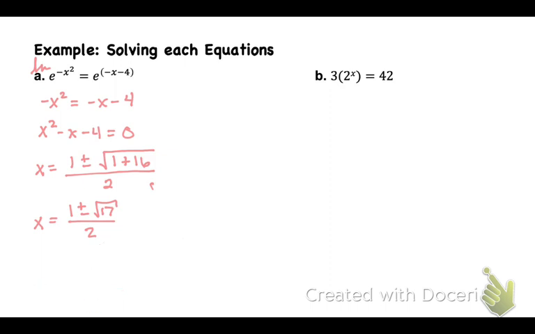Okay. 3 times 2 to the x equals 42. What should we do first? Olive, what do you think?